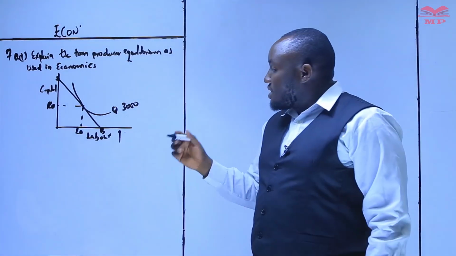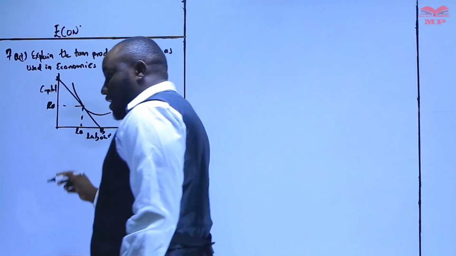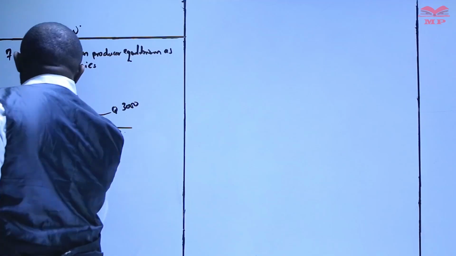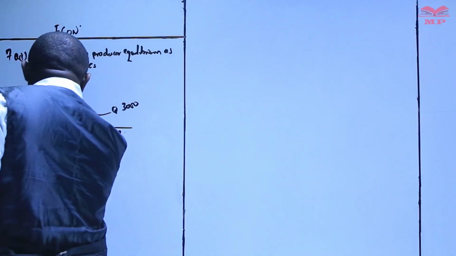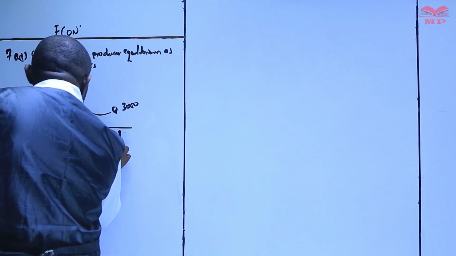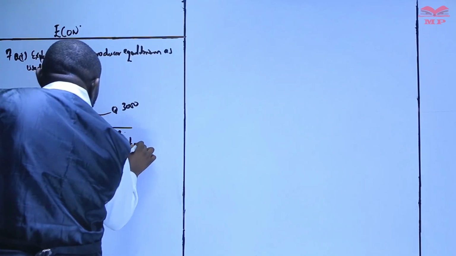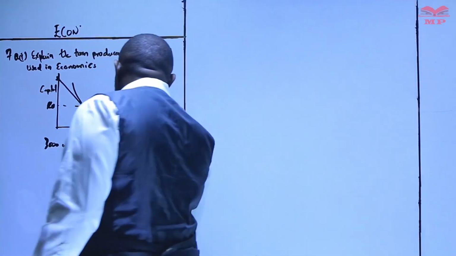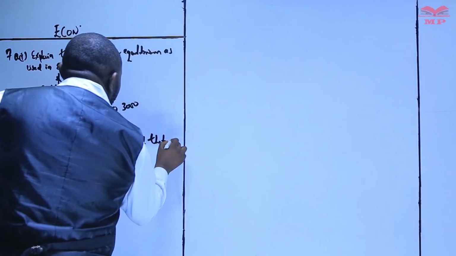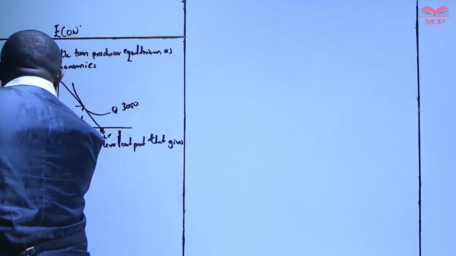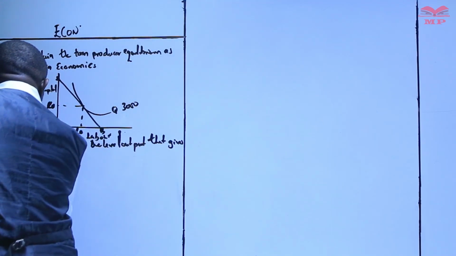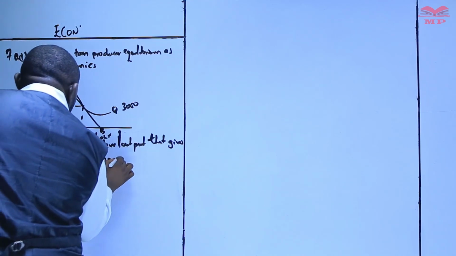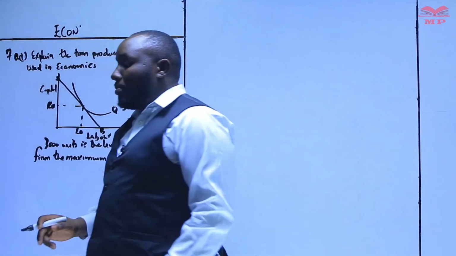We need to understand that 3,000 units is the level of output that basically gives the firm the maximum profit.